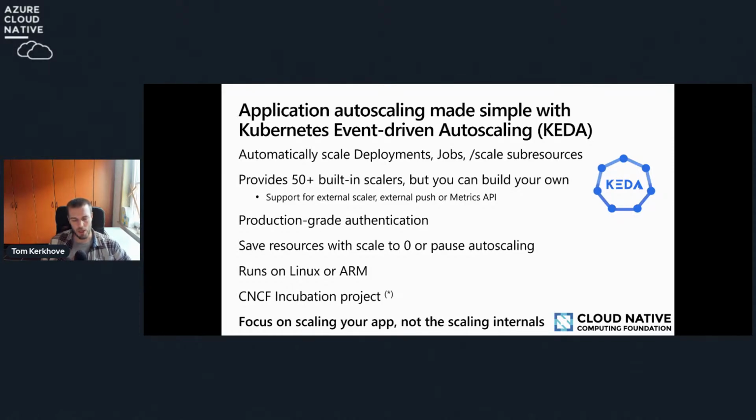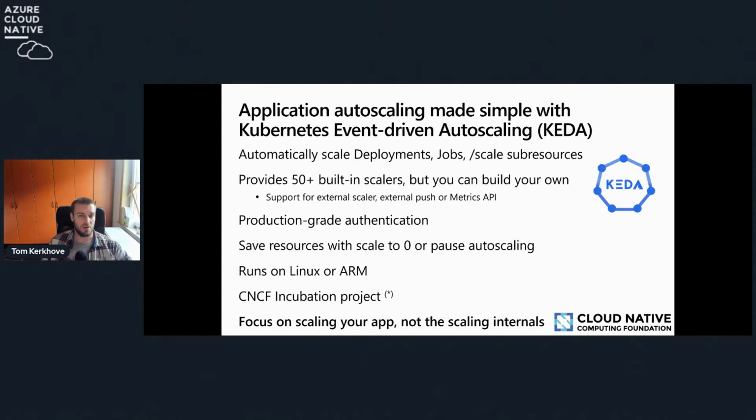One of the key selling points is that we allow you to scale to 0 or even pause your autoscaling, so it's not just the scaling, but we're adding more value around that as well. Security is important, so we allow you to pull authentication information from the Kubernetes paradigm, such as a Kubernetes secret or config map. Don't put secrets there, but people do that.